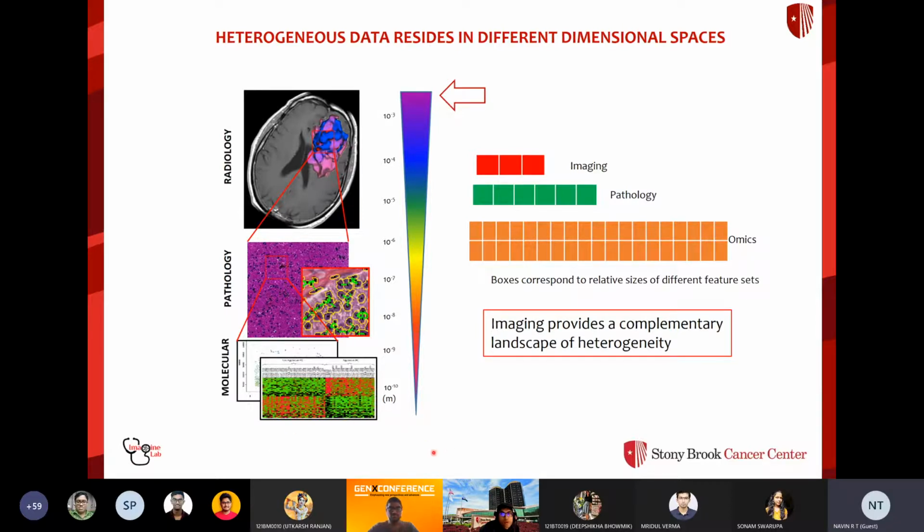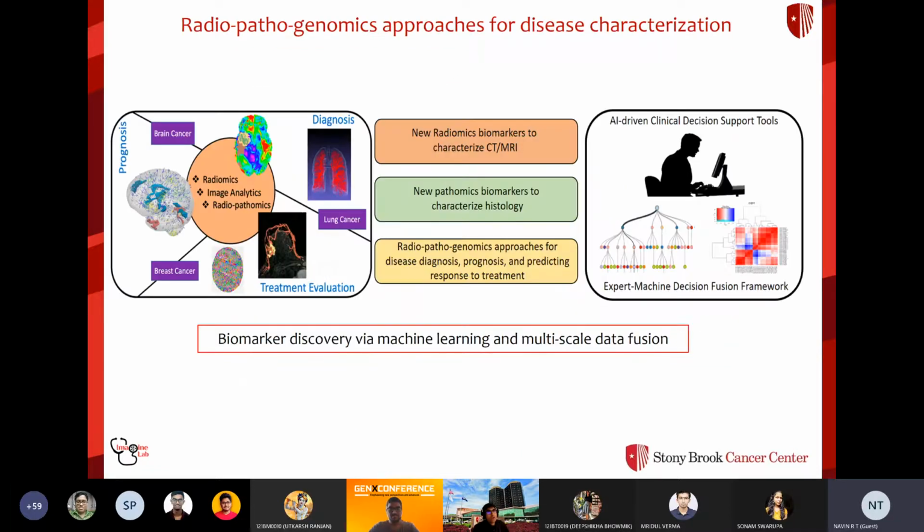Now, it is important to characterize heterogeneity since it is associated with poor prognosis and treatment response in the context of several different treatments. Now, in order to quantitatively characterize the underlying disease heterogeneity, we have been working on the development and validation of different tools such as radiomics, Pathomix, and radiogenomics biomarkers.